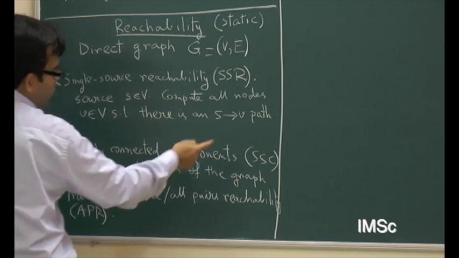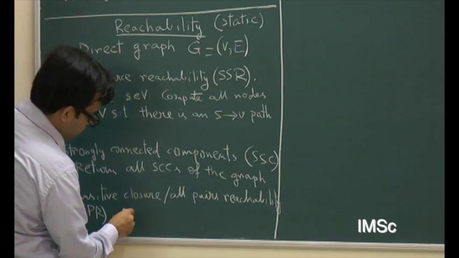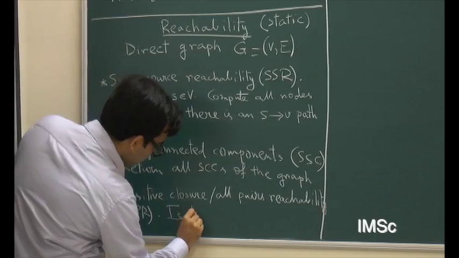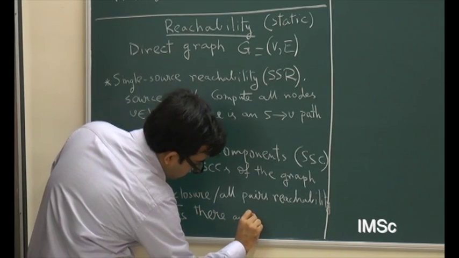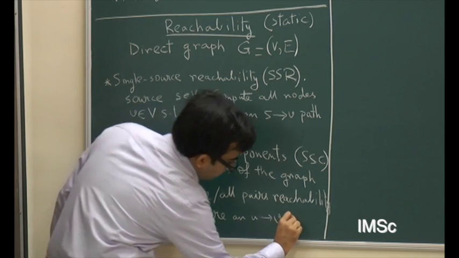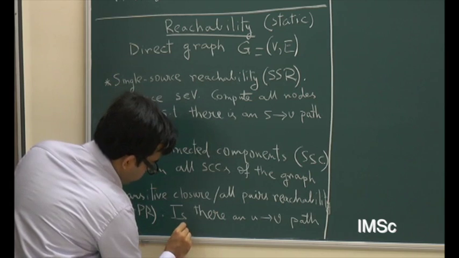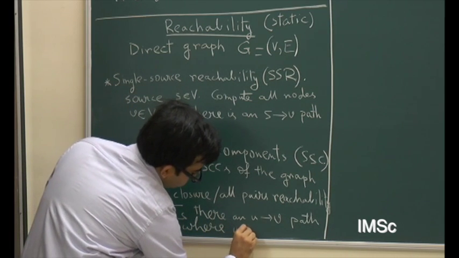So here you would be asked to return the information about any pair of nodes. So the question is, is there a UV path in the graph, where U and V are any two nodes?